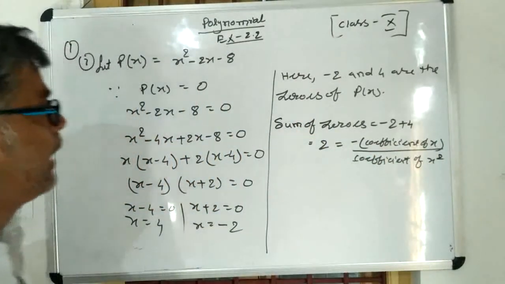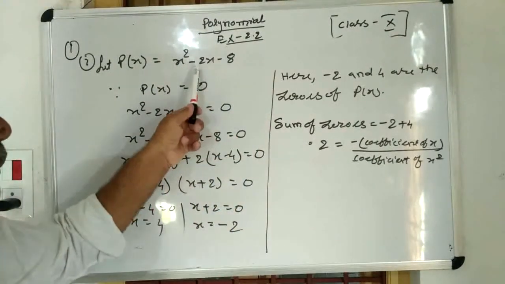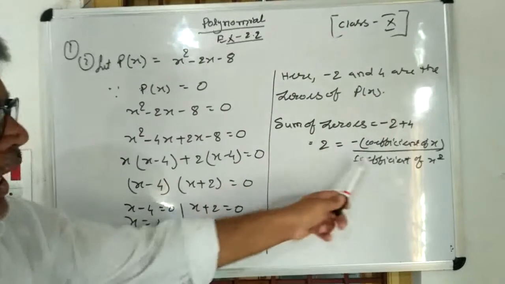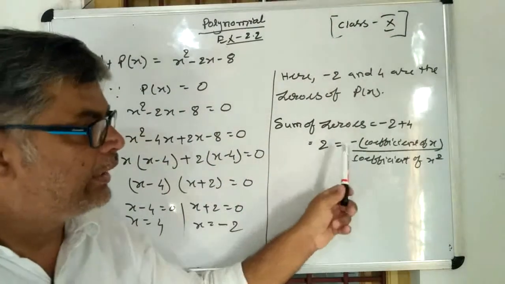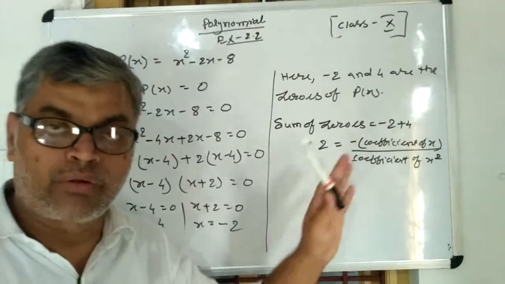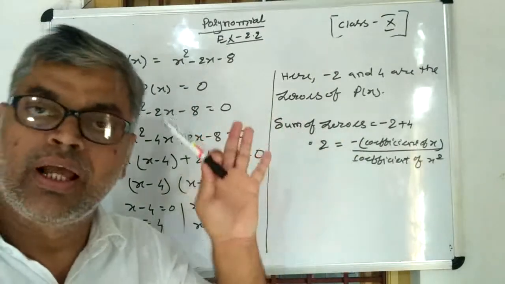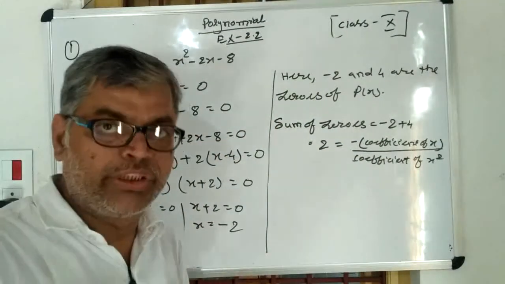So minus coefficient of x is minus, minus 2, so minus and minus will become 2, and coefficient of x square is 1. So you can write the sum of zeros in this form: minus coefficient of x by coefficient of x square. This is the relation for the sum of the zeros.